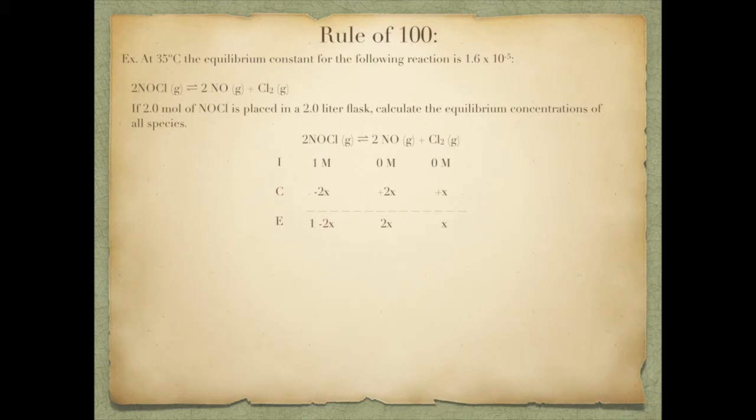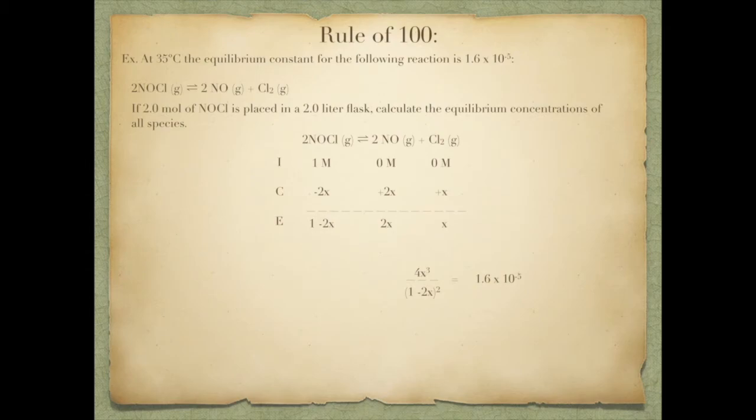So instead of being 2x, it's going to be 4x squared. That's one of the biggest mistakes that people make, they forget about the coefficient. So it's going to be 4x squared times x, which is 4x cubed. And I'm going to divide that by 1 minus 2x, and that needs to be squared. And that's going to be equal to my equilibrium constant, which is 1.6 times 10 to the negative fifth.